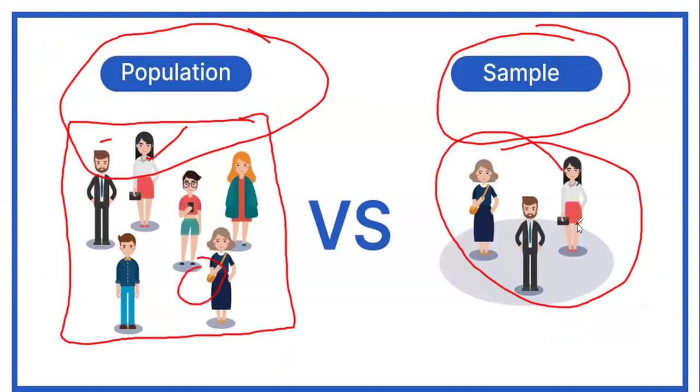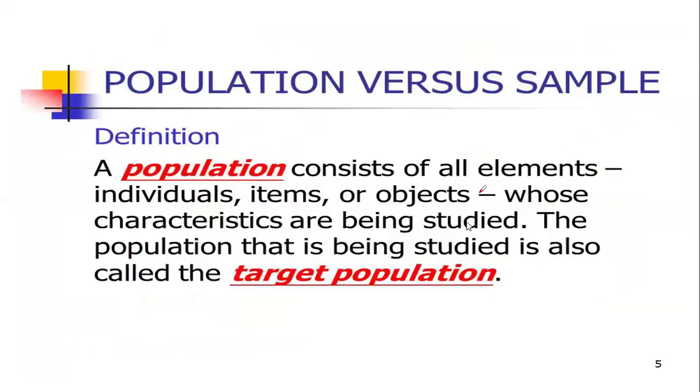So what is actually the definition? If I were to write it down: a population consists of all elements, individuals, items, or objects of which the characteristics are being studied. So you consider everything.